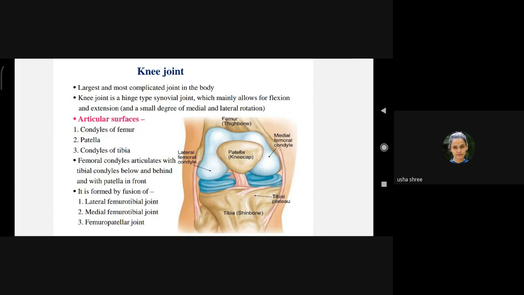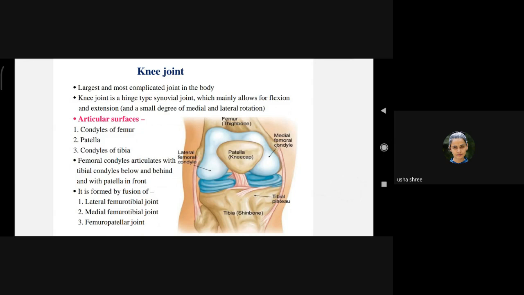You can see in your fingers, you can't move your interphalangeal joint in two directions. It moves only towards our palm. We can't move our fingers toward the outer part of our palm.